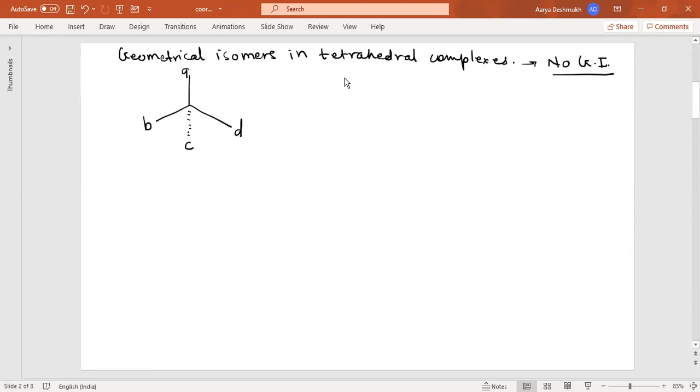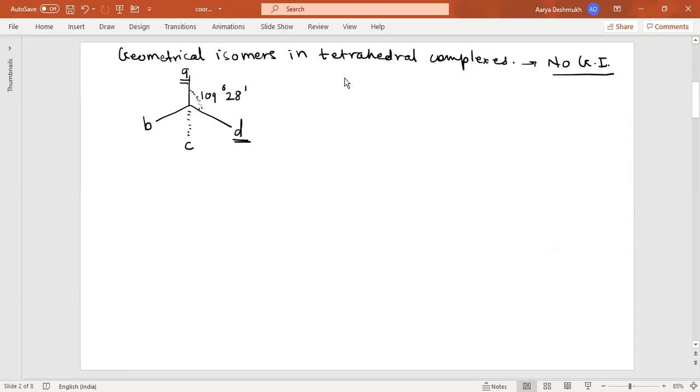The angle in a tetrahedral structure is 109 degrees 28 minutes. Now, if you flip the A and D ligands, there is no change in the angle, and the stereochemistry also does not change.